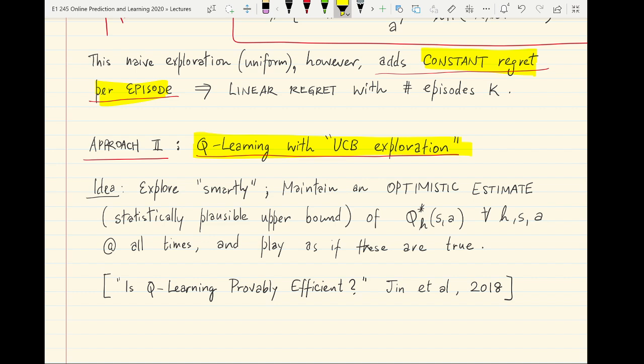So think of this as essentially a smarter way to explore within the MDP. And precisely this can be done by maintaining what is called an optimistic estimate, or in other words, a statistically plausible bound for Q star h(s,a), the optimal value from playing action a at state s in time step small h, at all times.